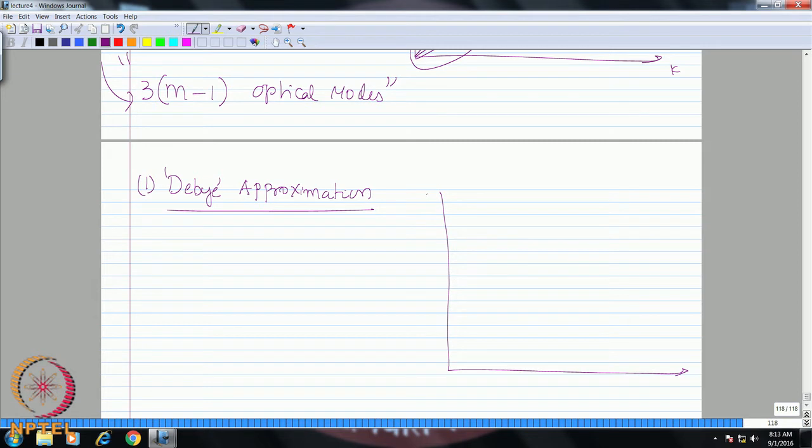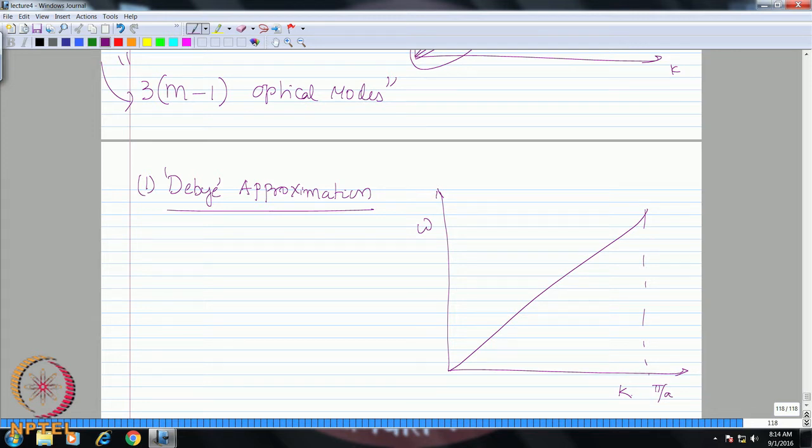and the simplest way is to follow a linear curve all the way from k equal to 0 to what? k equal to pi by a. So, this is called the Debye approximation.